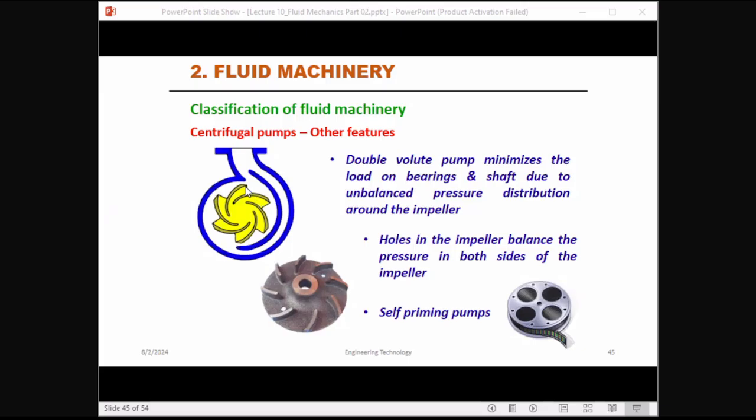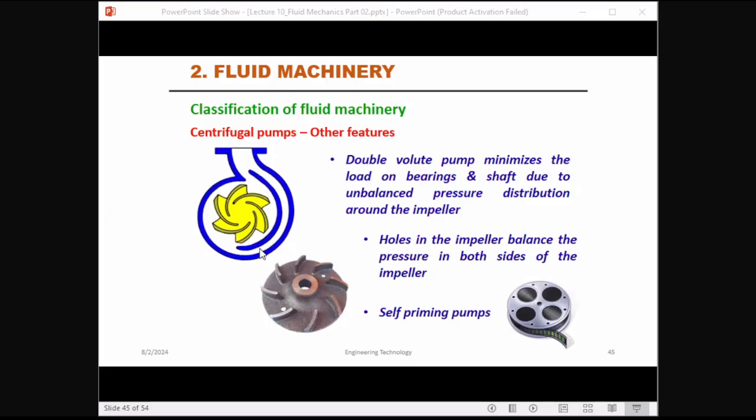The advantage is that these features minimize the risk of shaft and bearing damage, leading to improved pump reliability. It also helps in reducing noise and vibration during operation. This design affects the vibration of our pump.